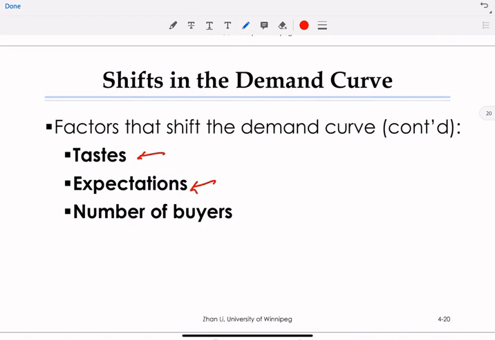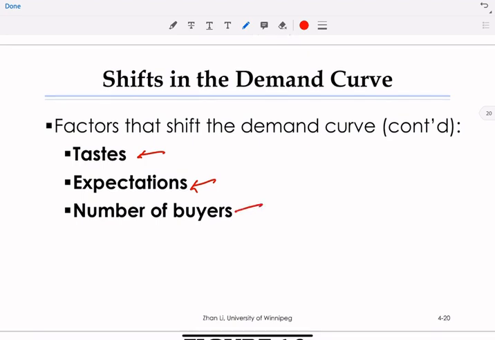So this will increase your demand for tea. Again, to summarize, if you expect the tea price to increase, your demand for tea today will increase. Now, number of buyers, well, this is even simpler. You can imagine that in a market, if the number of buyers decreases, right, then market demand will also decrease.